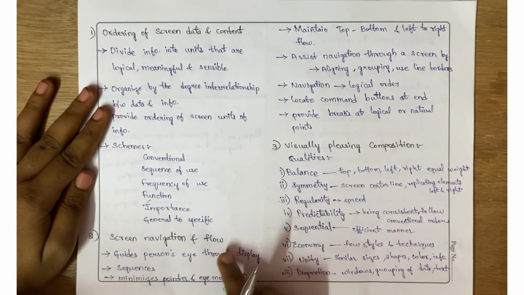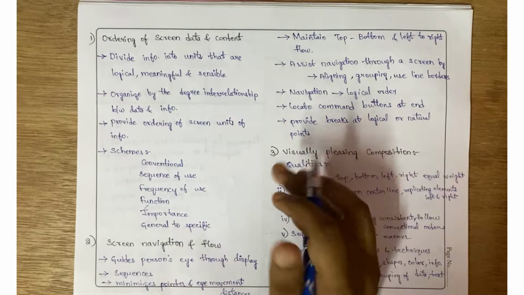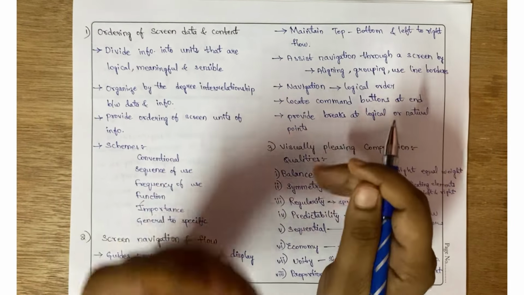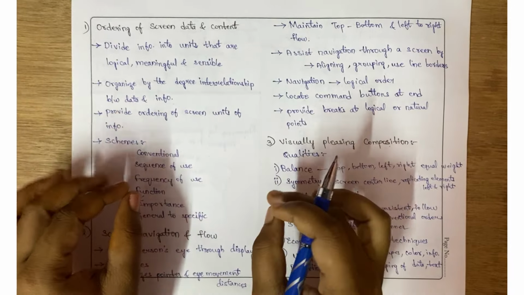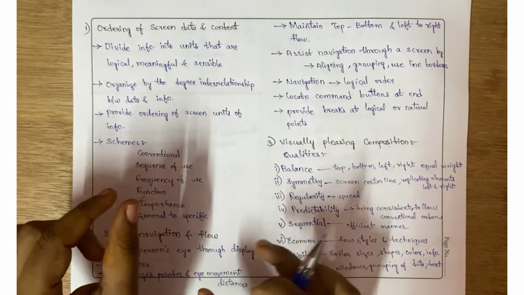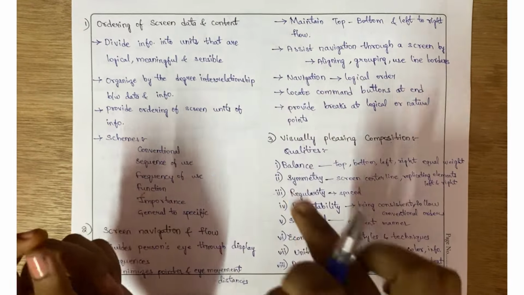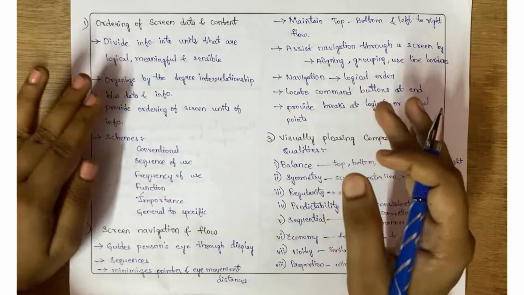Coming to the second parameter, screen navigation and flow. Whenever we open a website, let's take the example of Gigs, you open the first page. After reading the whole data, next you move to the other. They provide previous and next tabs, that is, tabs for the navigation flow.